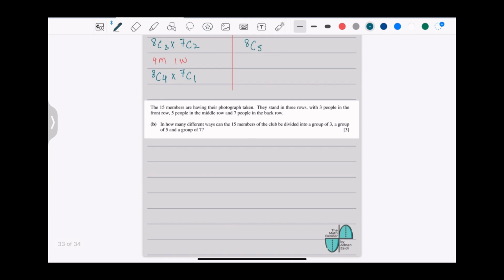So the 15 members are having a photograph taken and they stand in three rows with three people in the front row. So let's take three people on the front row, five people in the middle one, and seven in the back row.